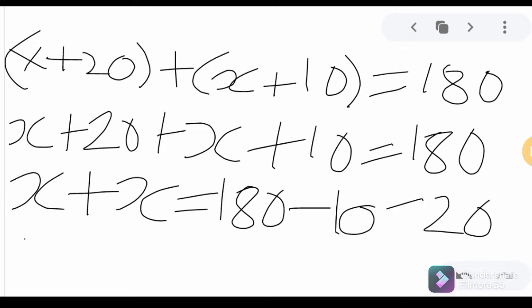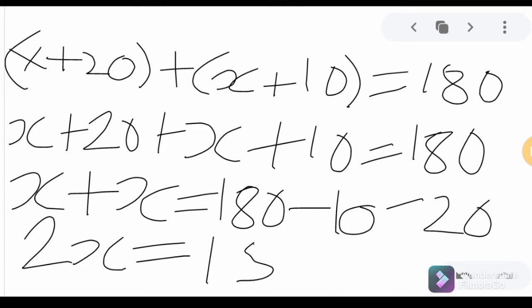So that means x plus x, since they are the same thing, is 2x equals 180 minus 10 minus 20. You can do that on paper or punch a calculator. We're going to have 150. So we have 2x equals 150.